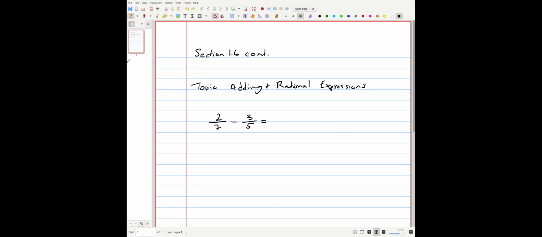And so these two terms, the 2/7 and the 3/5, are not like terms because they do not have common denominators. So we need to find common denominators. And because these are both prime numbers, right, they're not going to have any multiples to share. And so when two numbers are prime, the least common multiple is going to be the product of the two numbers.